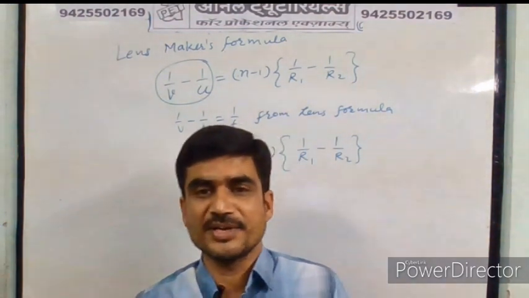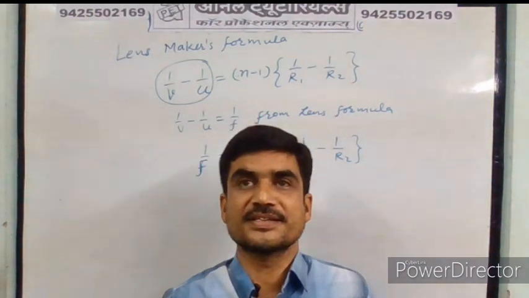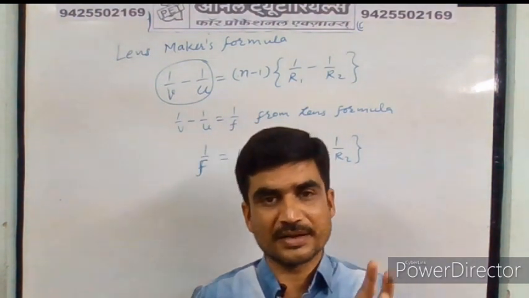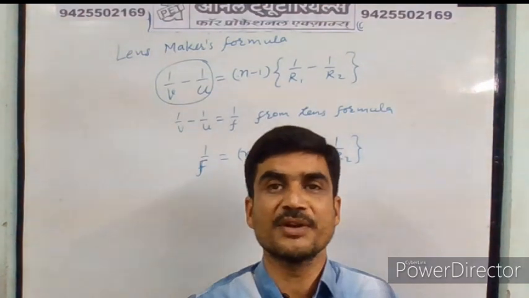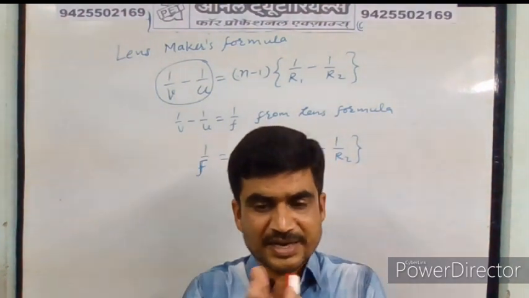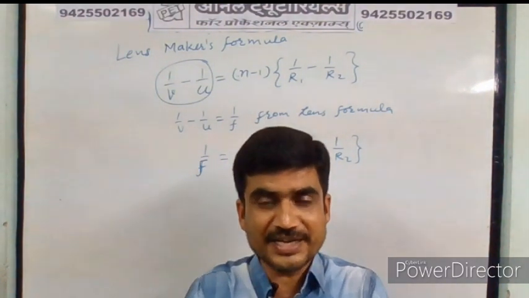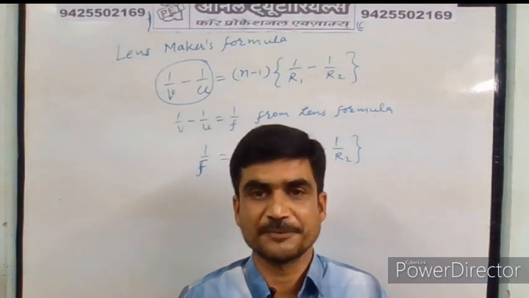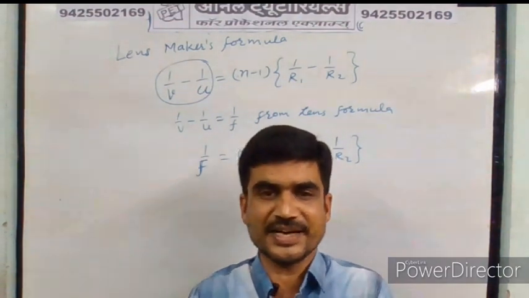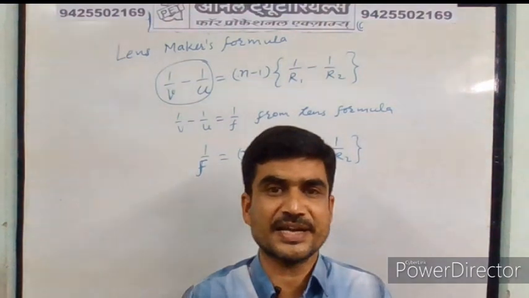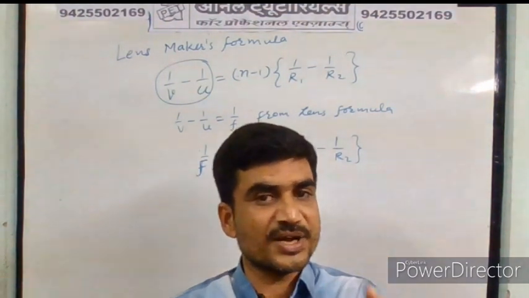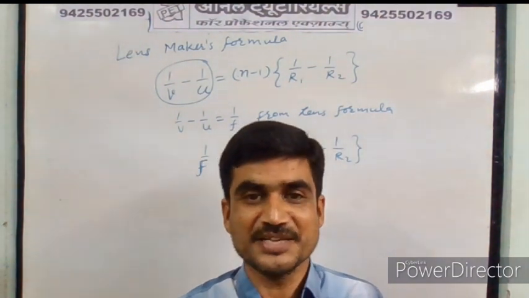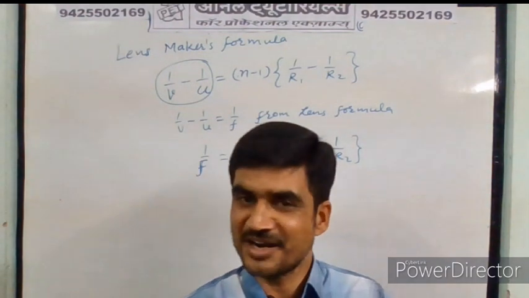In those lenses you have observed that when the glasses are formed, they are arranging the radii of curvature. You have seen they are grinding the radii of curvature. By arranging the radii of curvature, the focal length is adjusted, meaning the focal length depends upon R1 and R2.